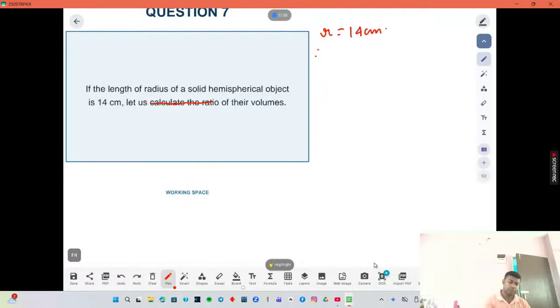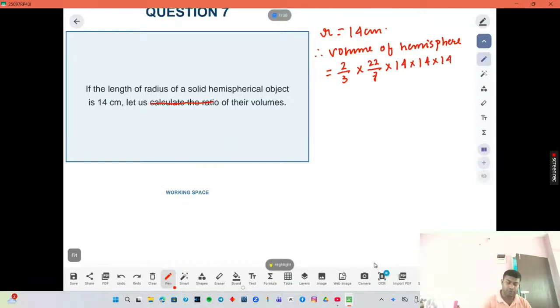So the volume of a hemisphere equals 2 by 3 into 22 by 7 into r cube, 14 into 14 into 14.